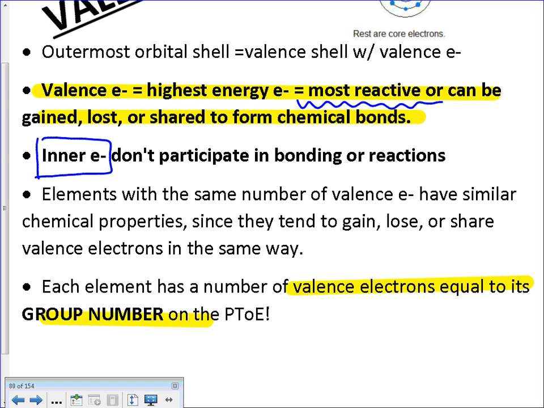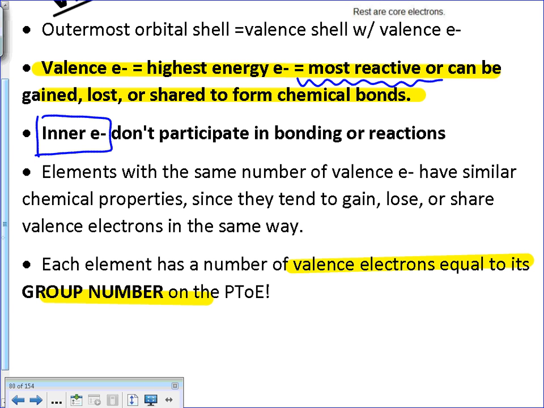The inner electrons, they don't play. They stay locked in the core. The third bullet point here is something you've probably already written down in a different way.